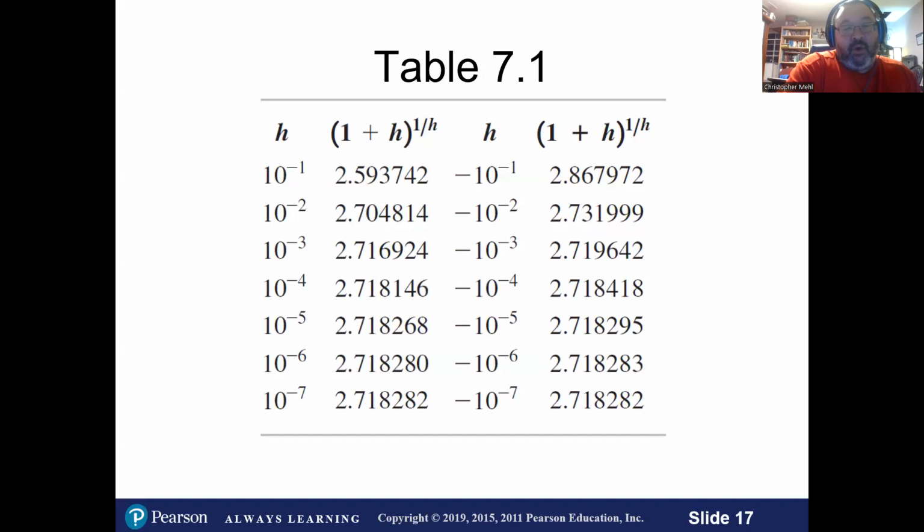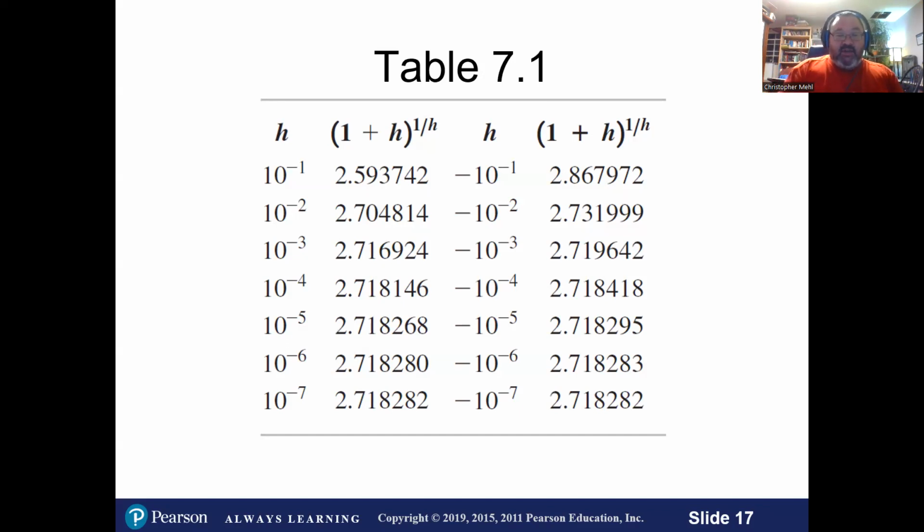So when h equals 0.1, that limit gives you 2.59. When h is 0.01, you get 2.7, and so on. And you can approach this from either side of 0, so you can get negative 0.1, negative 0.01, negative 0.001, and so on.